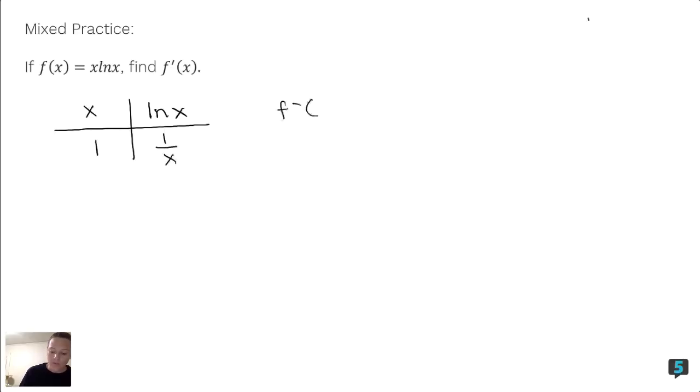So f prime of x would equal, we're going to criss-cross, 1 times the ln of x is the ln of x, plus, and now if I'm thinking ahead here, x times 1 over x is simply going to leave me with 1. So there we go.